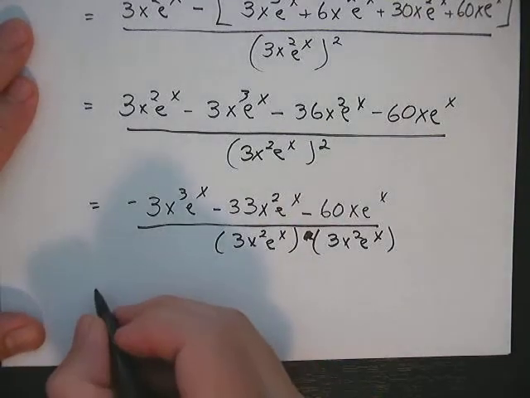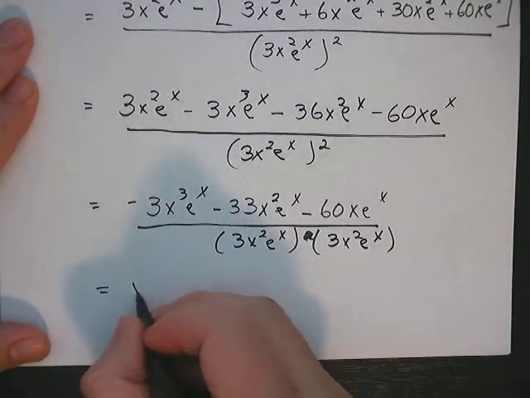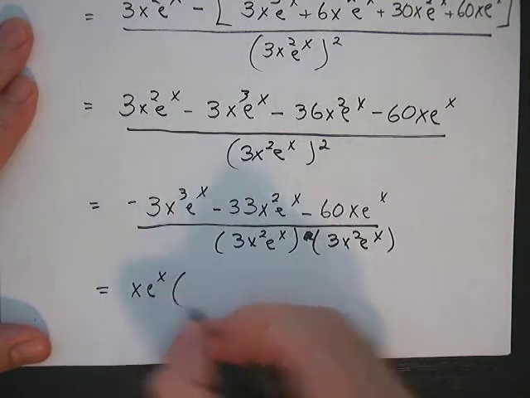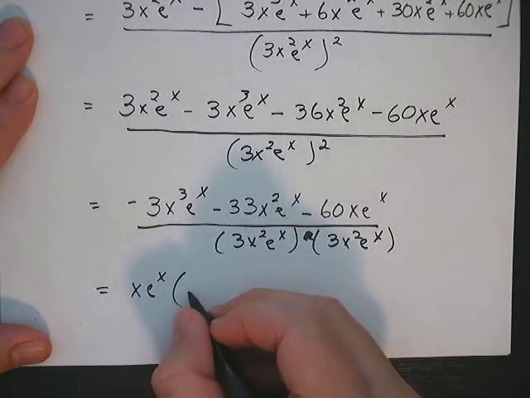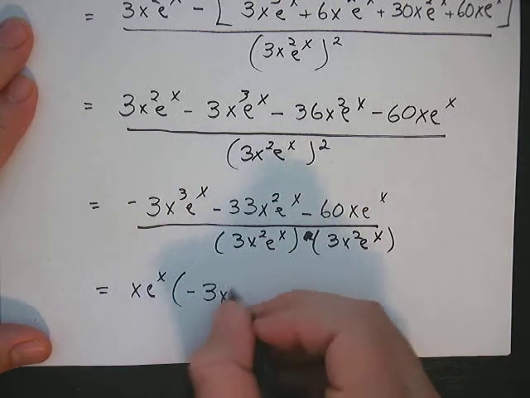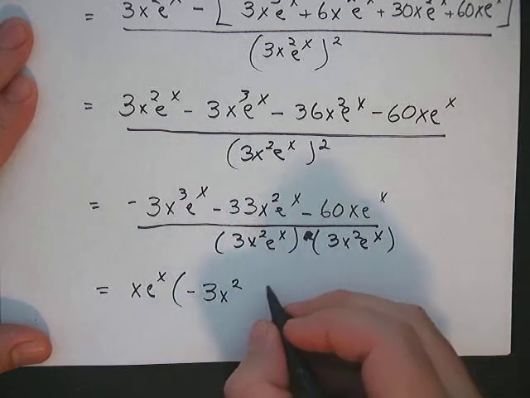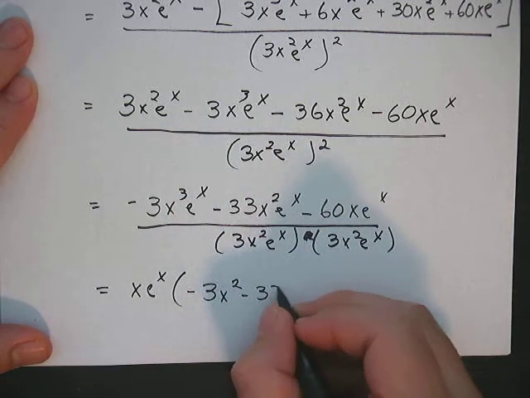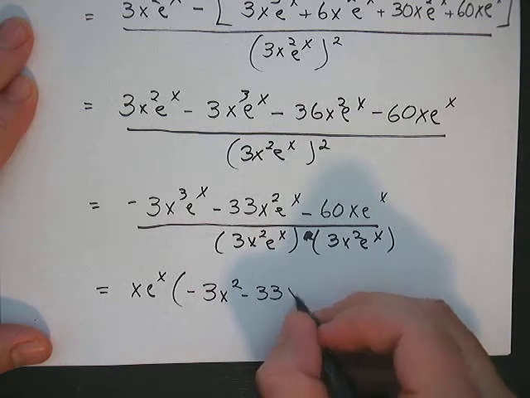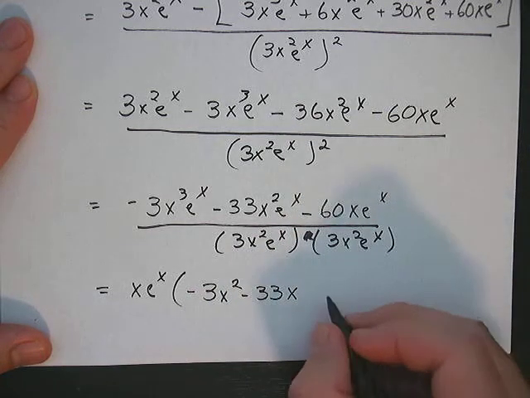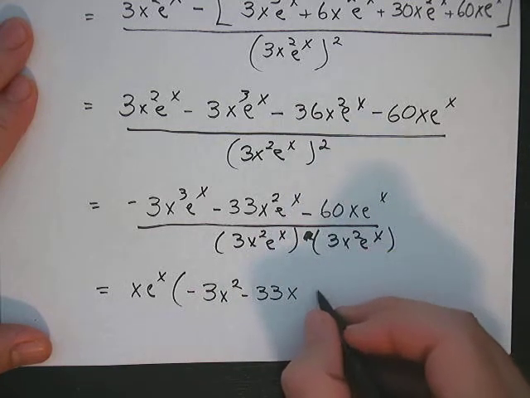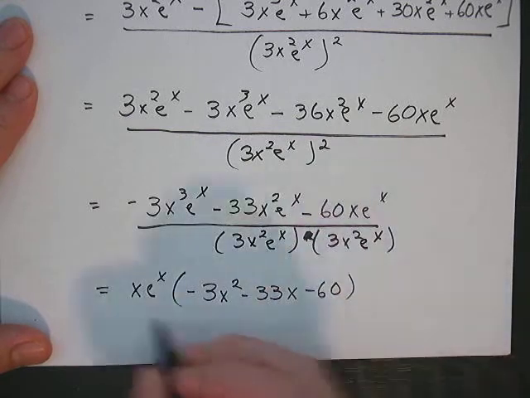Okay, so we'll get x e to the x out front. And let's see, that gives us negative 3x squared for the first term. We get negative 33x for the second term. And then minus 60 for the third term.